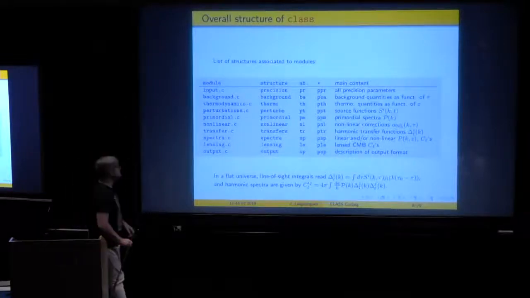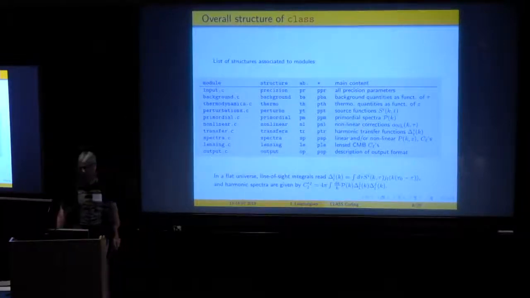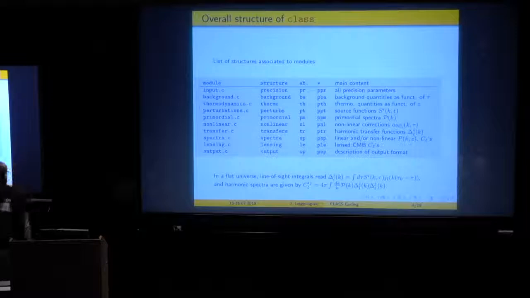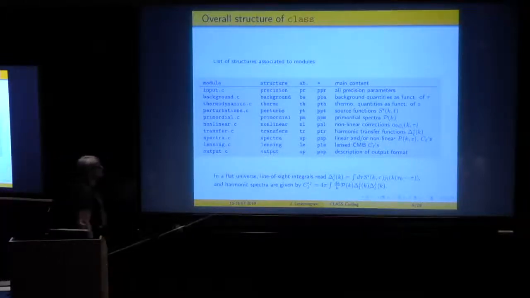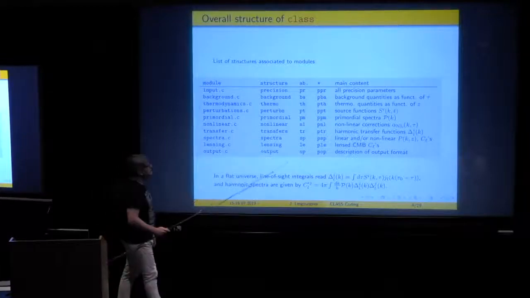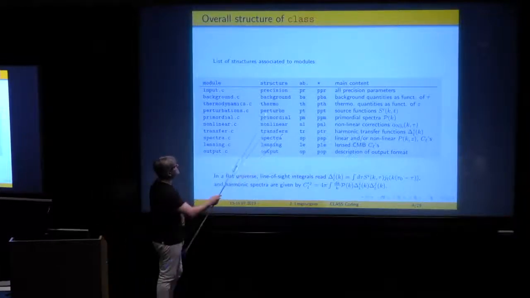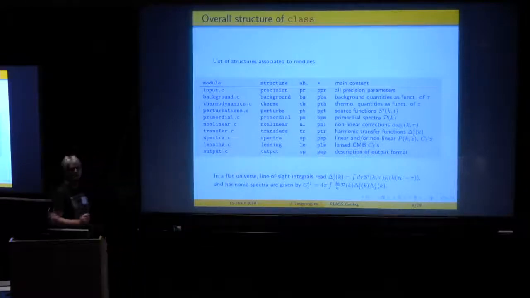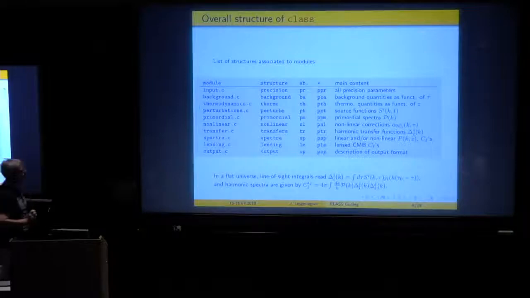Then the last module is only called if you run from a terminal, because if you run from a wrapper, you don't need to do any more. The wrapper has functions that take information in these structures in order to give the results you want, either directly or with some interpolator.